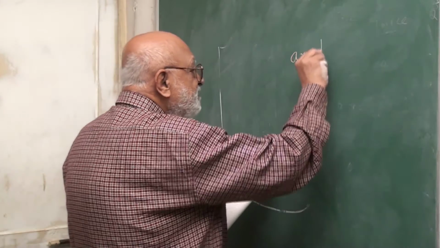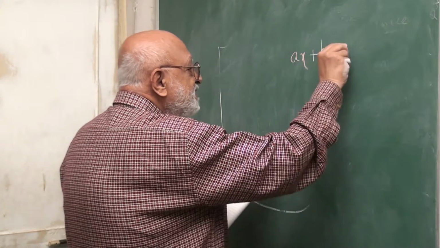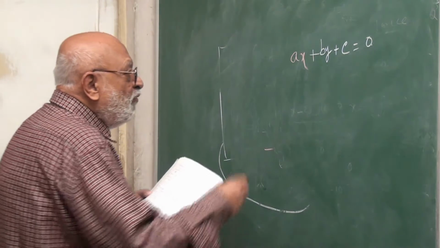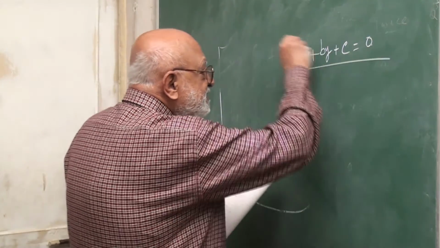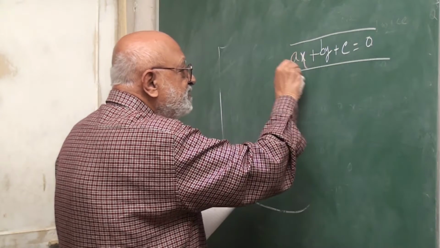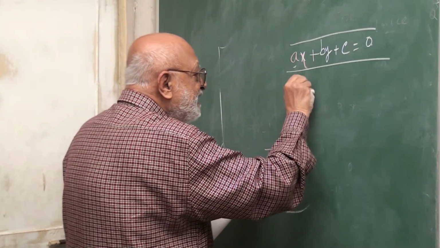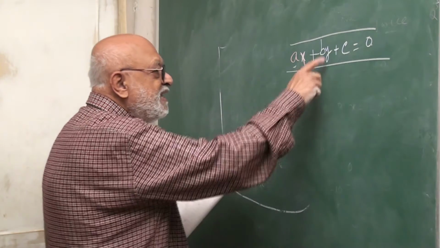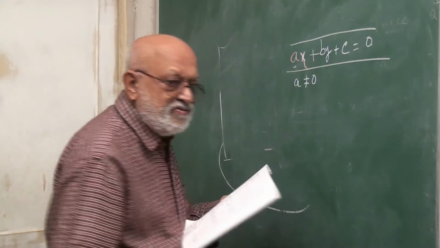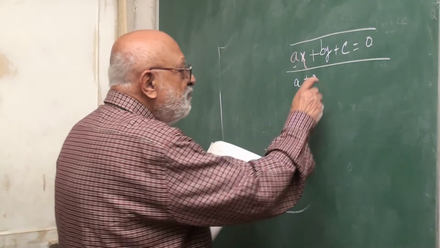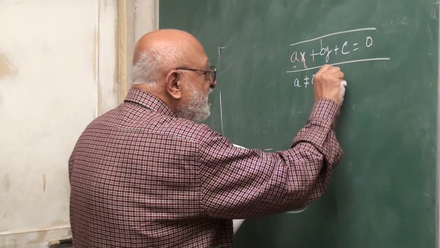Ax plus by plus c equal to 0. When we say this, what does it signify? That if it has to be in 2 variables, then this a cannot be equal to 0. Because if it becomes 0, then it becomes an equation in a single variable. And similarly, b cannot be equal to 0.